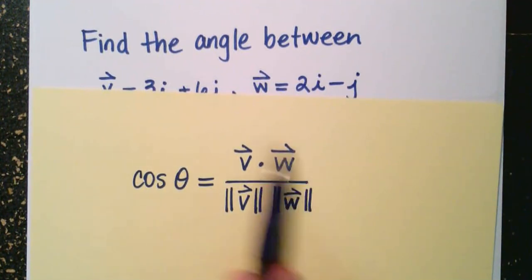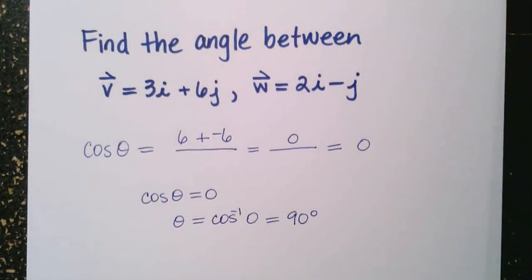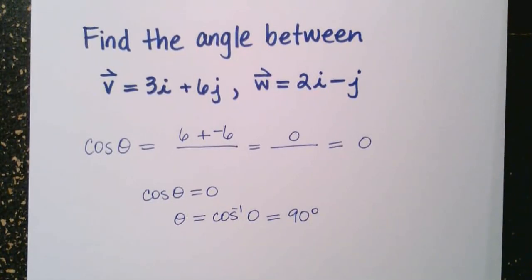So the whole thing turns out to be 0. And the cosine of theta is 0 when theta is 90 degrees. So that's why we find out what the dot product is and see if it's 0 or not if we want to know if they are orthogonal or if they meet at 90 degrees. Just wanted to show you that, to point out how that reinforces what we already know.